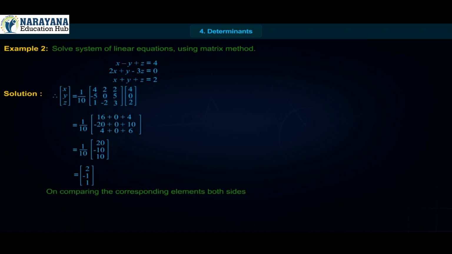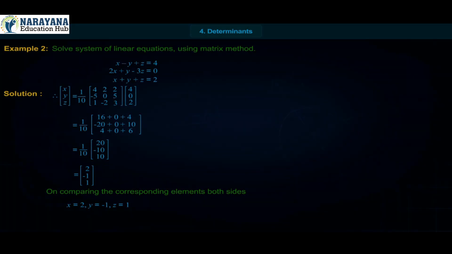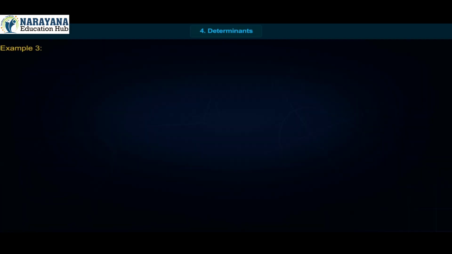On comparing the corresponding elements both sides, x is equal to 2, y is equal to -1 and z is equal to 1.